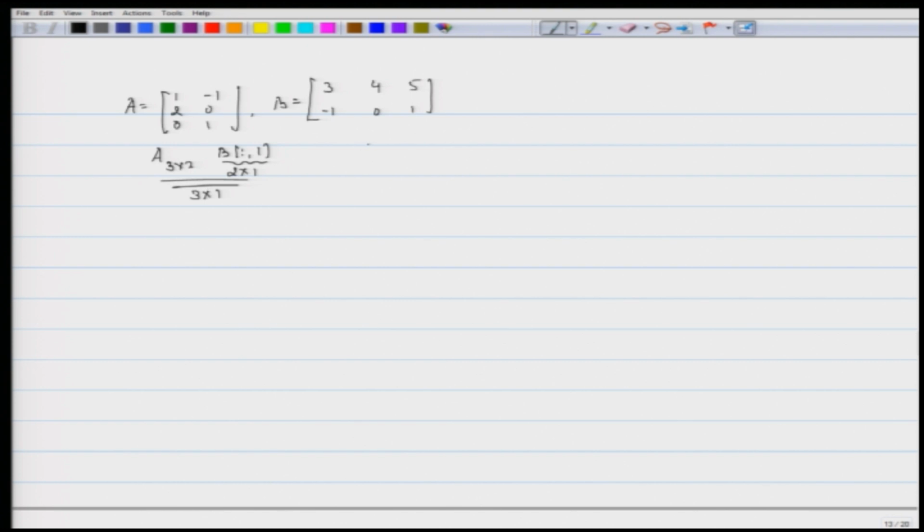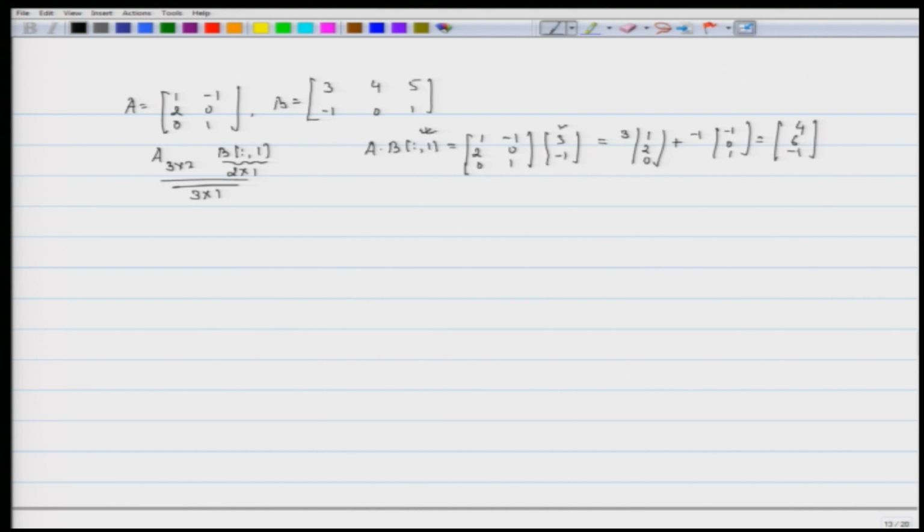So, I am looking at A times the first column of B. A is 1 minus 1, 2 0 0 1. I want to multiply this with the first column, which is 3 minus 1. So, this is nothing but 3 times the first column 1 2 0, plus minus 1 times minus 1 0 1, which is 3 plus 1 is 4, 6 plus 0 is 6, and 0 plus minus 1 is minus 1.